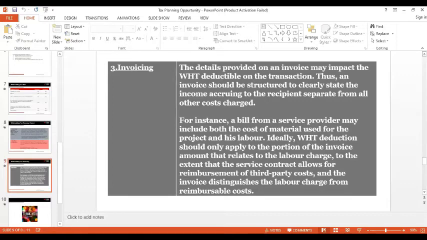And again, in taxation, you cannot eat your cake and still have it. Very simple. If you have decided to just lump up your costs so as not to let your customer know what portion of your contract is your income or your profit, you will be subjected to a higher withholding tax rate.